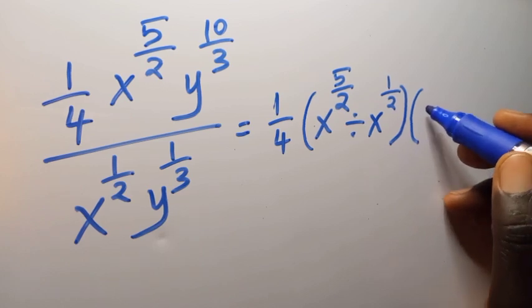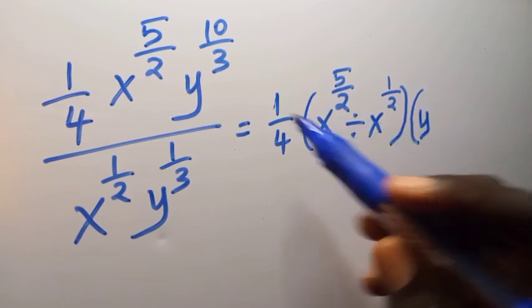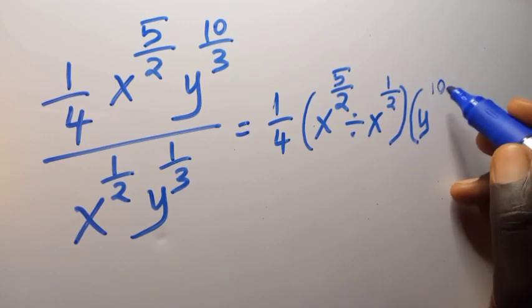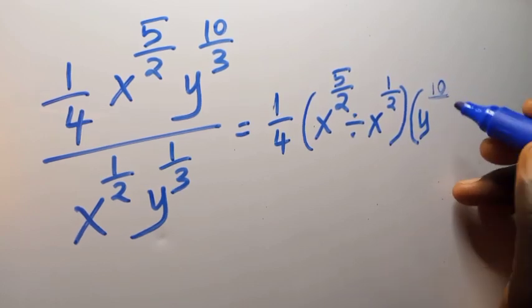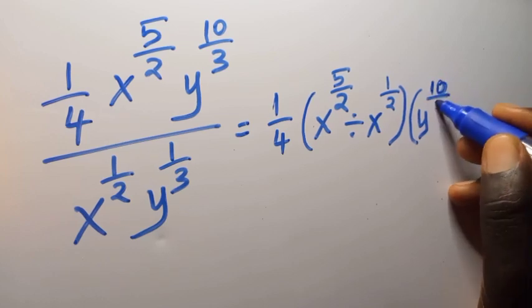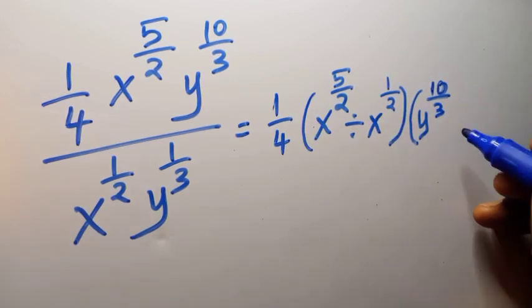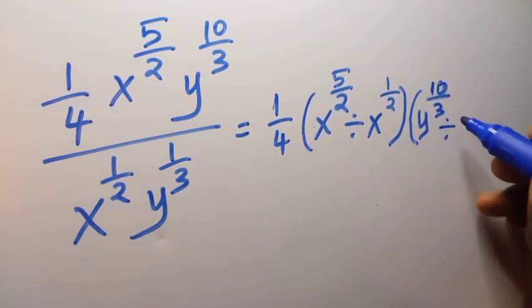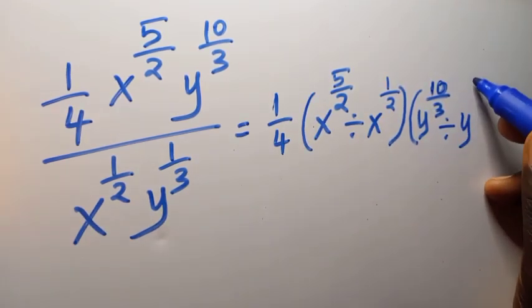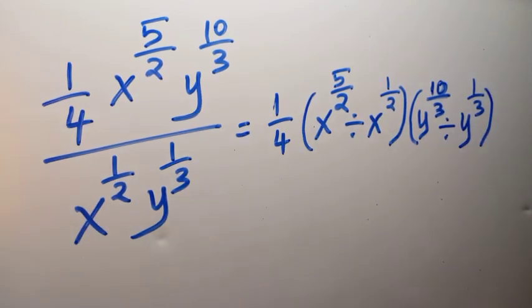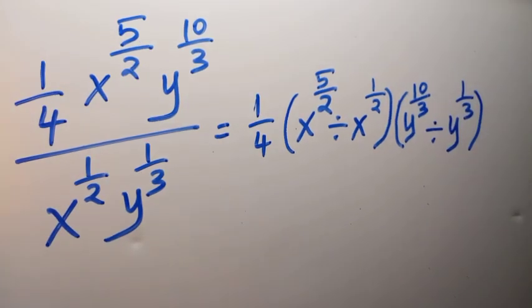We shall also have y raised to 10 over 3, then divided by, what is in the denominator is y raised to a third. Then we close the bracket that way. That is what we have.